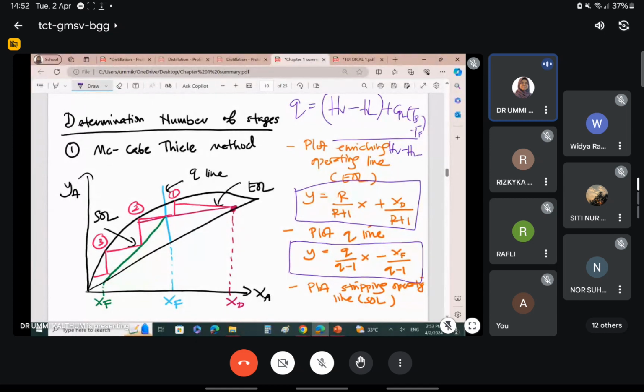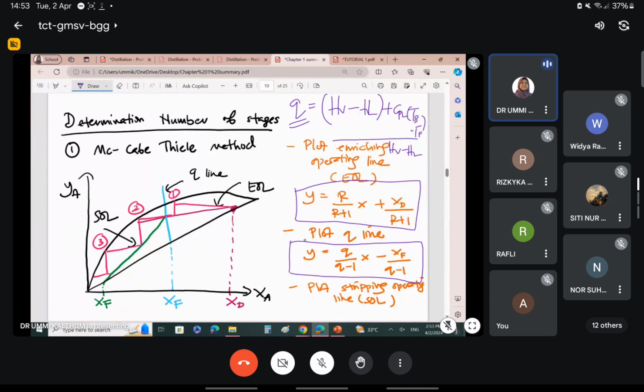CPL is the heat capacity, TB is the boiling point of the feed, TF is the inlet feed temperature. Okay, boleh? So dapat nilai Q, whether it's 1 or 0 or other values.